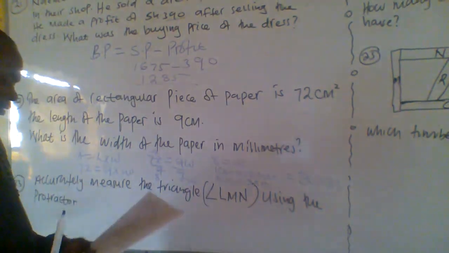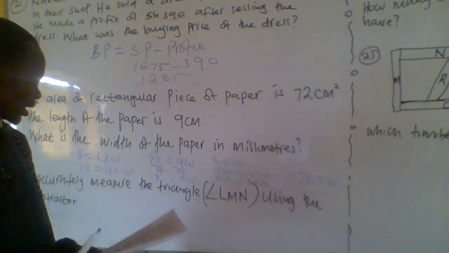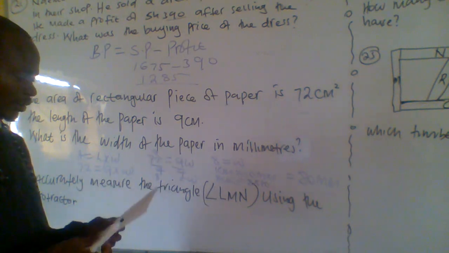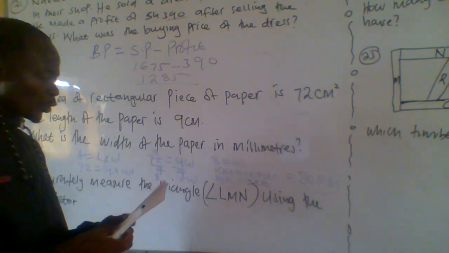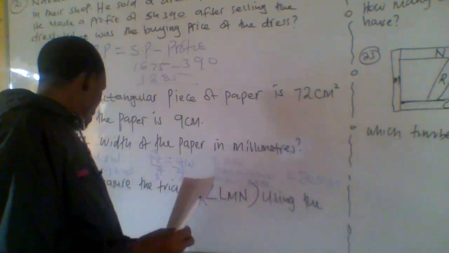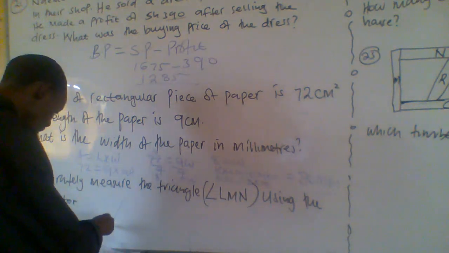Then question 23 says, Omondi drew accurately the triangle shown on a piece of paper, and the triangle, which I have not drawn, looks like this.